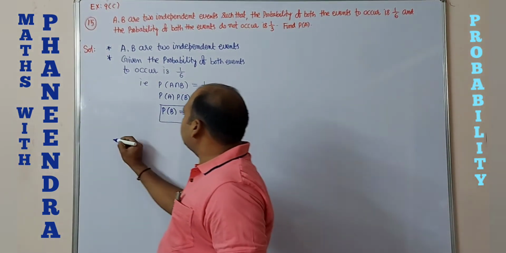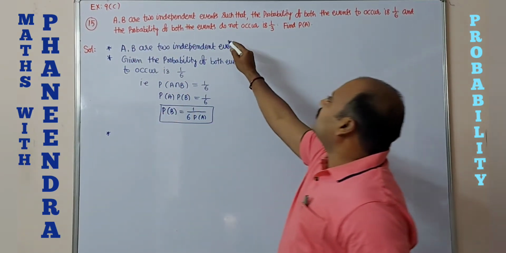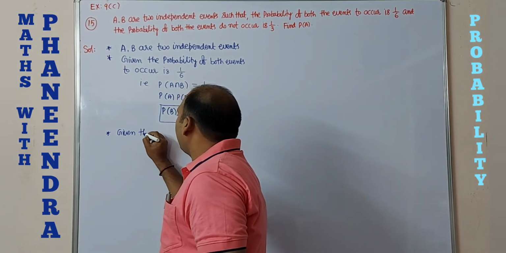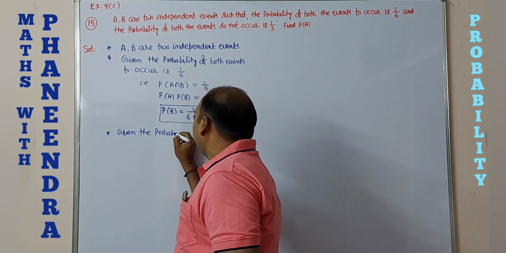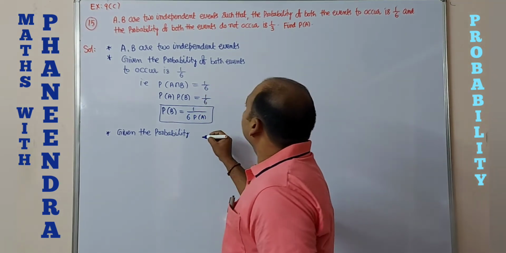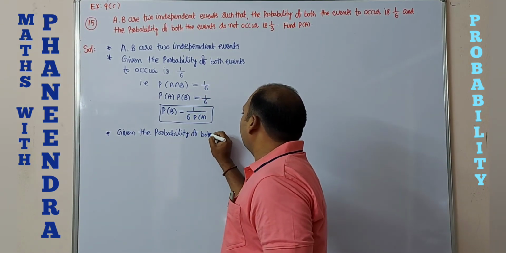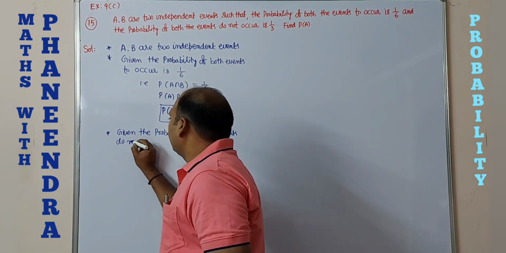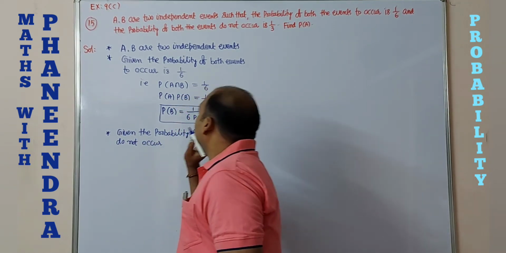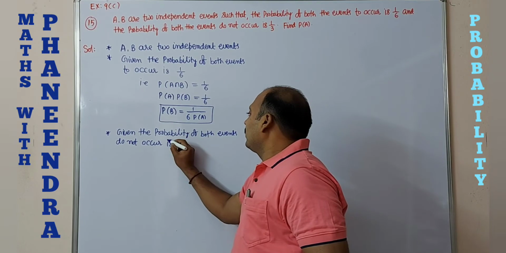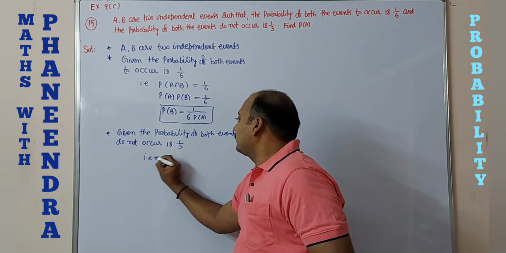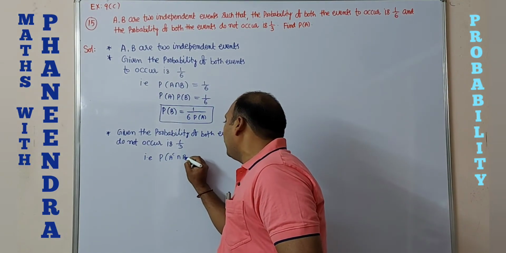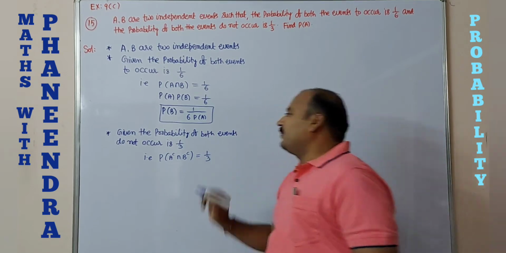Next, another information is there. The probability of both the events do not occur is given as 1 by 3. That is, P of A complement intersection B complement is equal to 1 by 3.